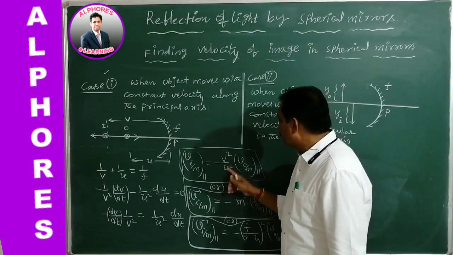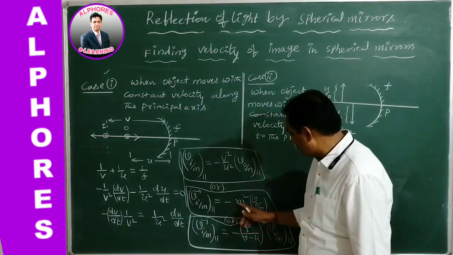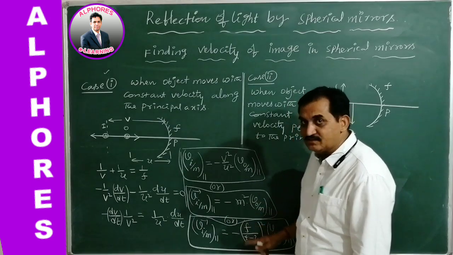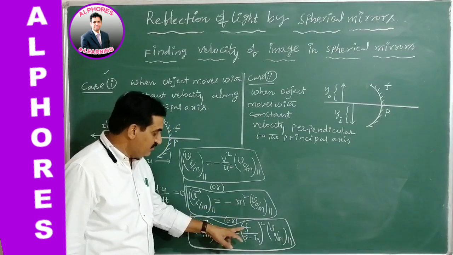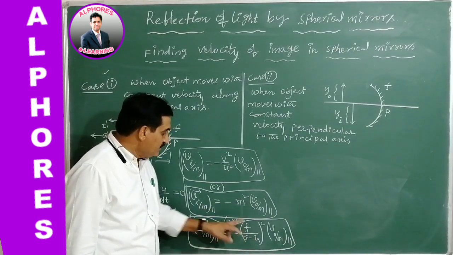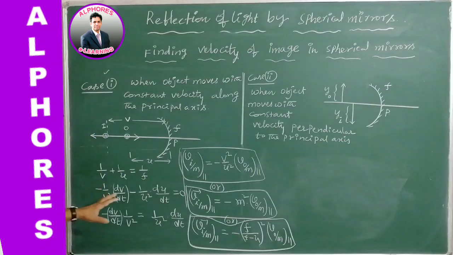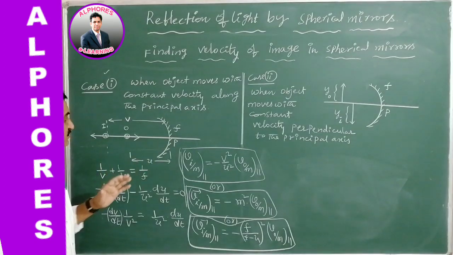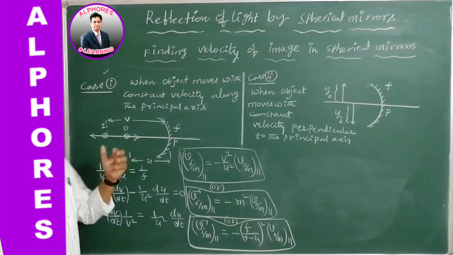Or v by u whole square, that is giving magnification m square. So m in terms of focal length and object distance is f by f minus u, and its square. So this is the velocity of image in the direction parallel to the principal axis, or along the principal axis.